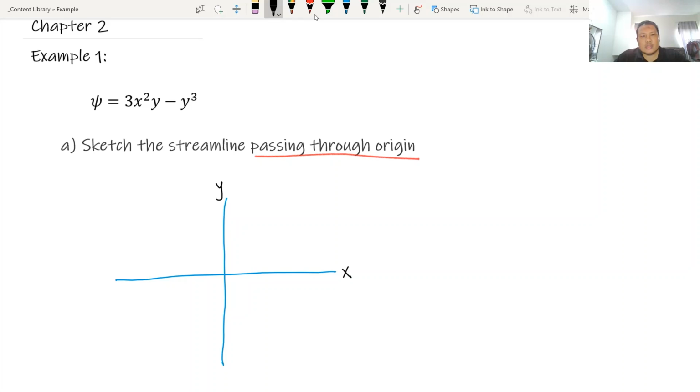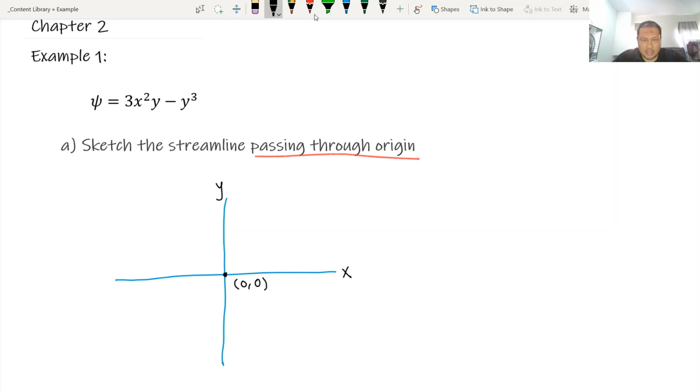When the question asks for the streamline, it means that the streamline must flow through this point, where x equals 0 and y also equals 0. What's going to happen to the equation if we substitute x equal to 0 and y equal to 0 into the given equation?